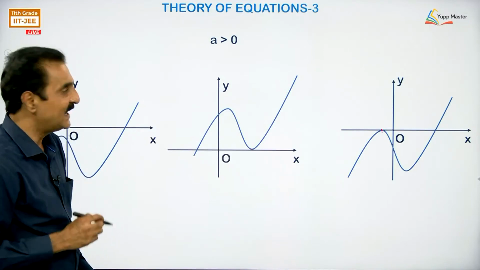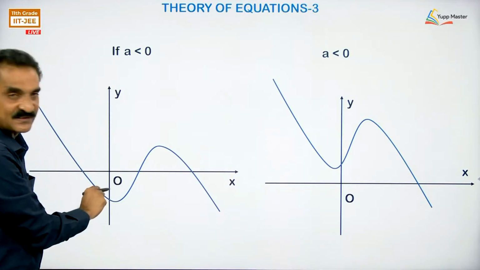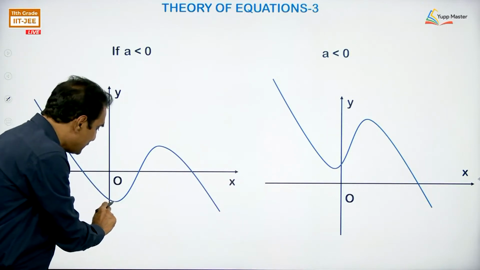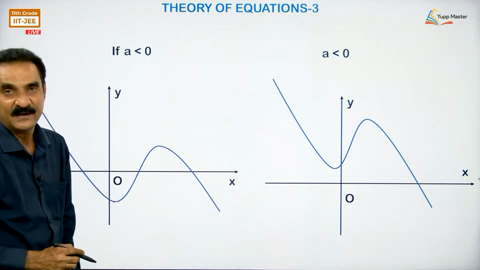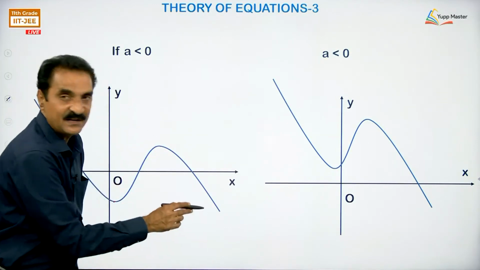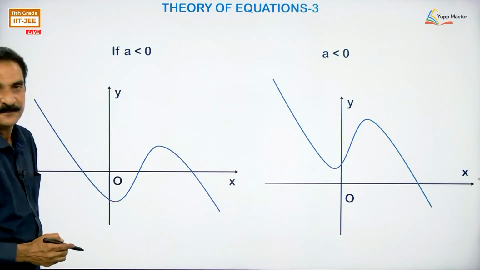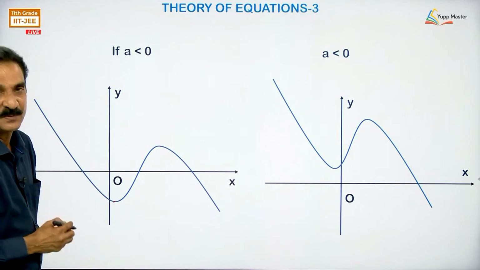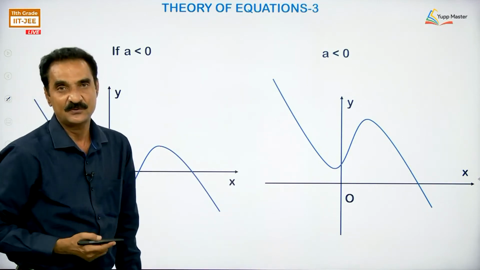But when a is negative, the graph will be like this. First decreases, then attains a minimum value, then increases, attains a maximum value, then again decreases till minus infinity. So overall the value of the cubic expression varies from minus infinity to plus infinity in this case also.